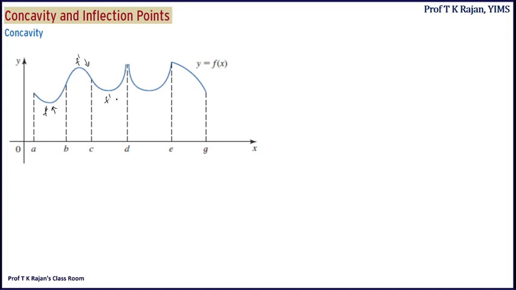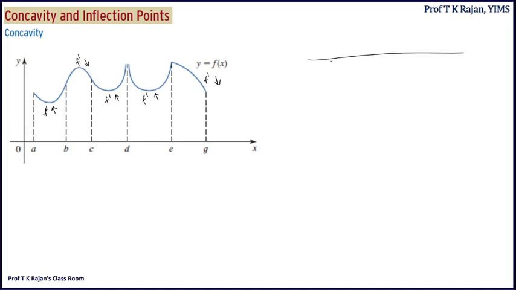Here f dash is increasing. Like that it goes. The function f dash is increasing in this interval, and here the function f dash is decreasing in the interval EG. Now there are certain points you can observe here. From A to B the function f dash is increasing, whereas from B to C the function f dash is decreasing.